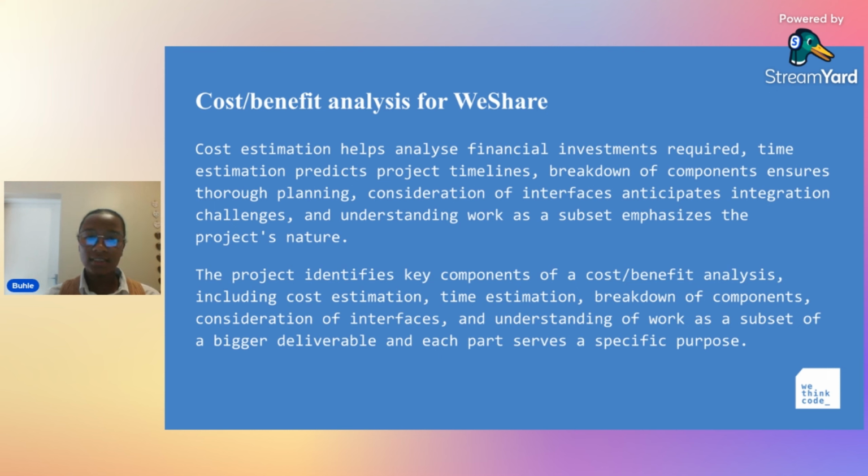The project identifies key components of cost benefit analysis, including the cost estimate, time estimate, and also the breakdown of components, considering the consideration of interfaces and also the understanding of the workload in a bigger deliverable. Each part serves a specific purpose.